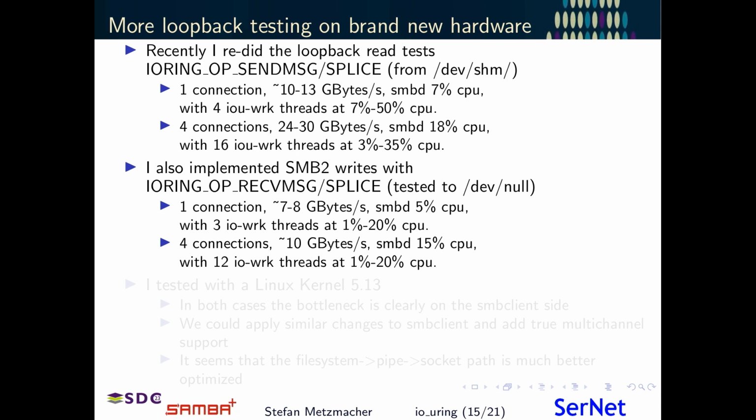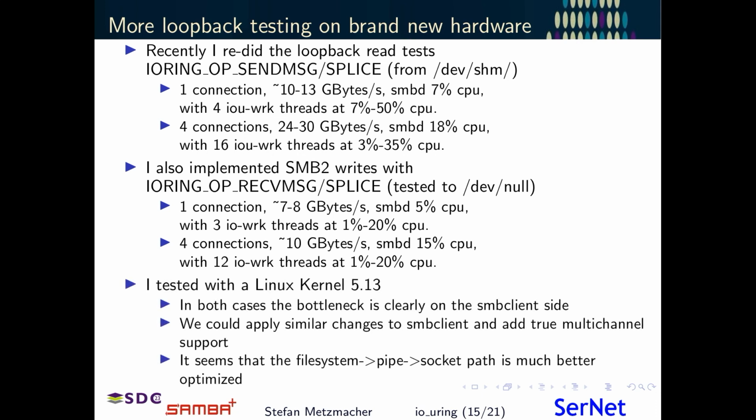That also got very good numbers. And basically the bottleneck was always on the client side, where we didn't use any optimization. So there we still use the memcpy and so on. And in future we may change that to also use things like splice, so that we can max out more on the client side.